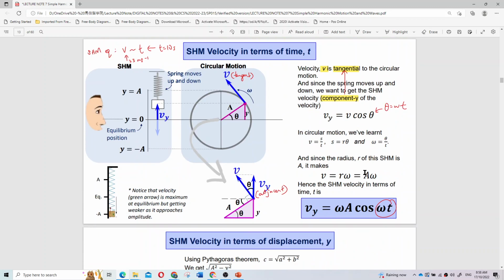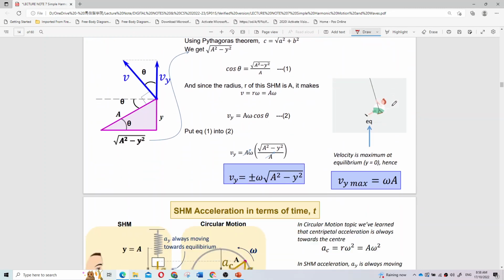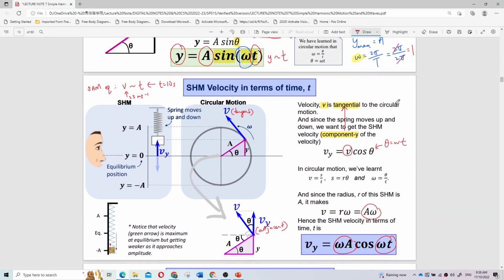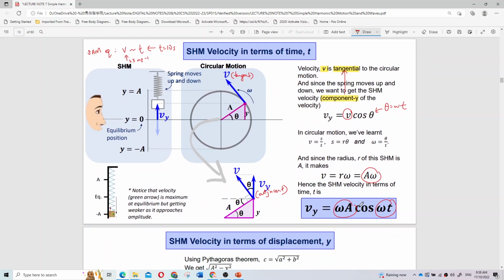Radius is amplitude. So we substitute radius with amplitude. Then the V over here we substitute with A omega. So we get this equation, A omega over here. Okay. So that's why we get a cosine graph.